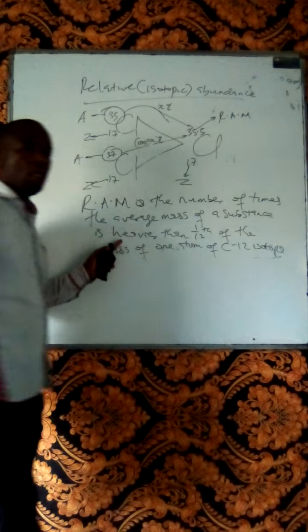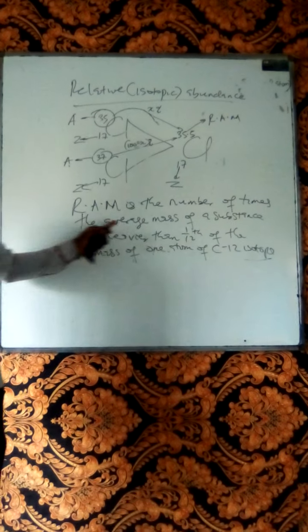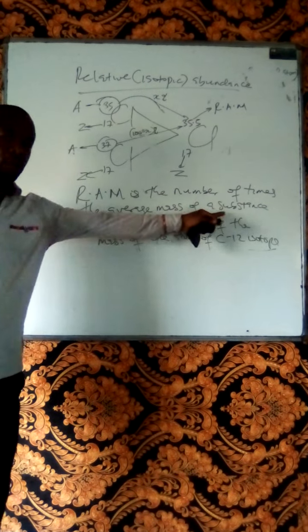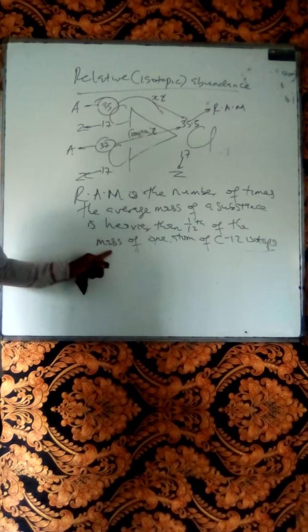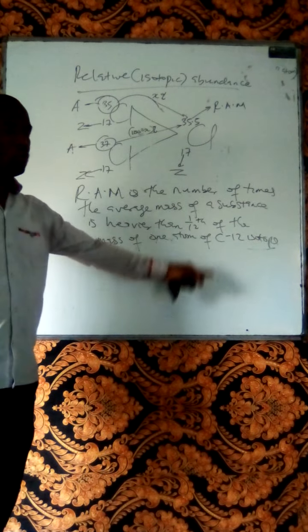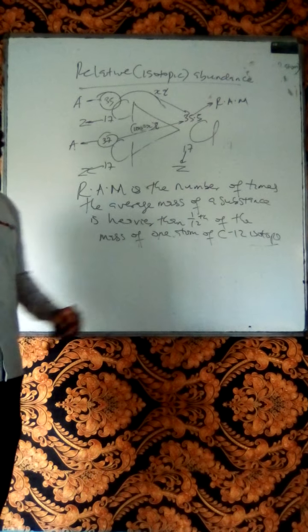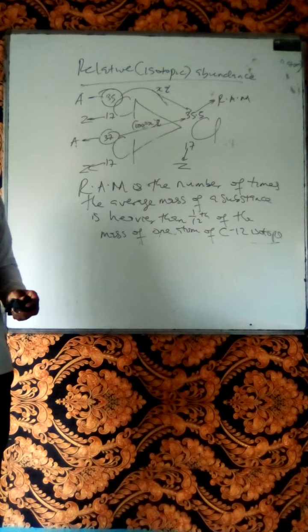I repeat, the number of times the average mass of a substance is heavier than 1/12 of the mass of one atom of carbon-12 isotope. What is carbon-12 isotope?